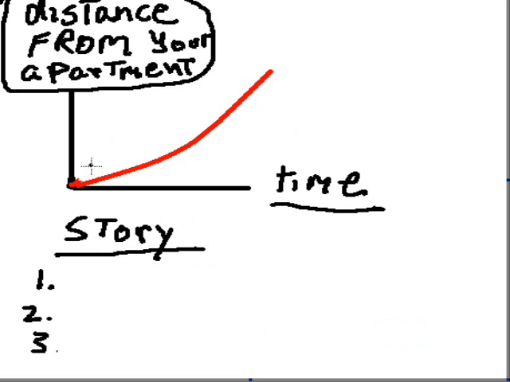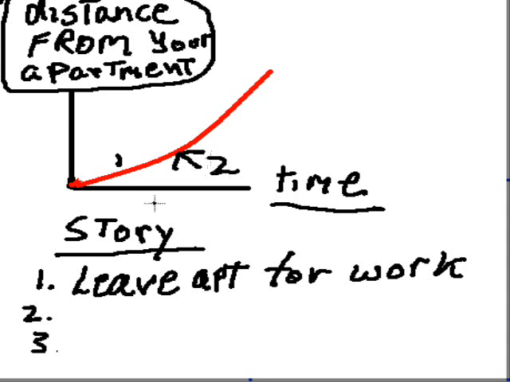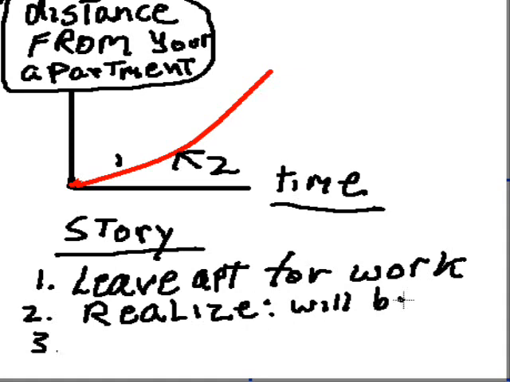Oh, what's this story? In step number 1, you leave your apartment for work. Then, somewhere about here, you realize that you will be late. So, 3.